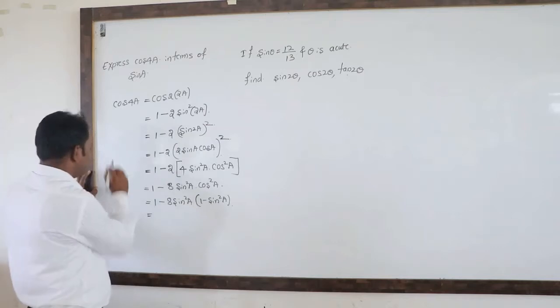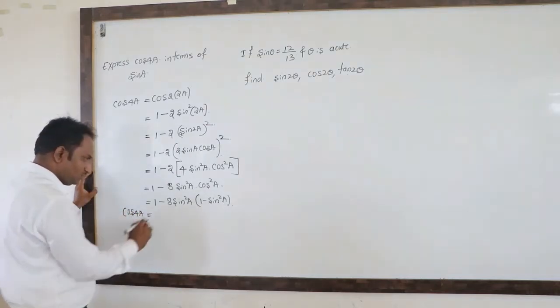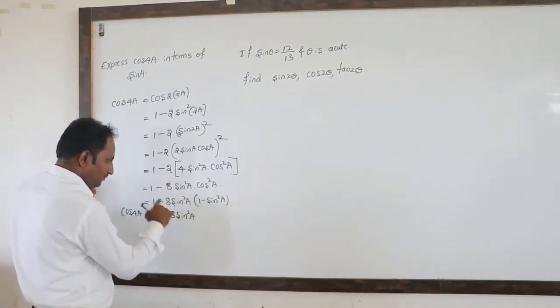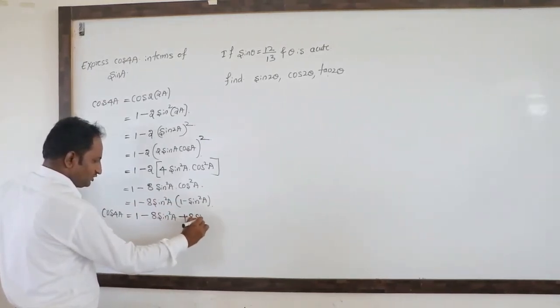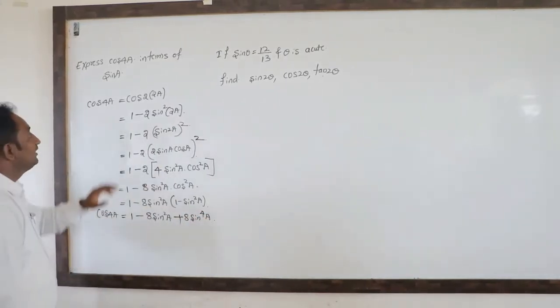Here cos of 4a is equal to 1 minus 8 sin square a plus 8 sin raised to 4a. This is very important.